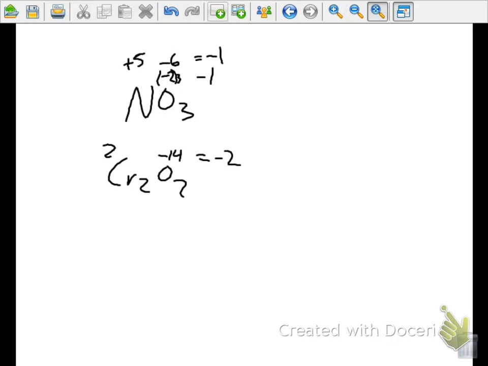So 2 times what plus a minus 14 gives us a minus 2? 6. So chromium is going to be a plus 6. Alright? Yes? Where do you find out what it's supposed to be equal to? On your polyatomic ion sheet. Yep. These are all polyatomic ions. So you can look on there.